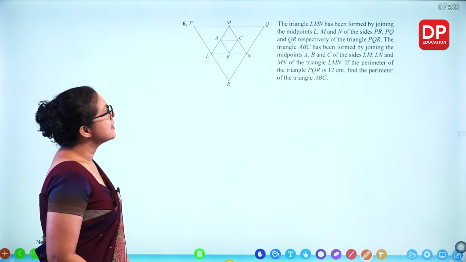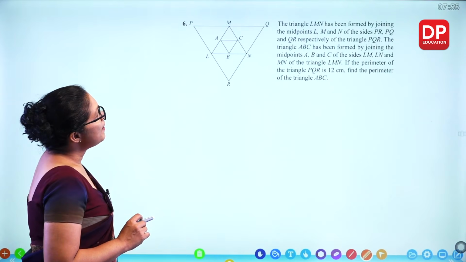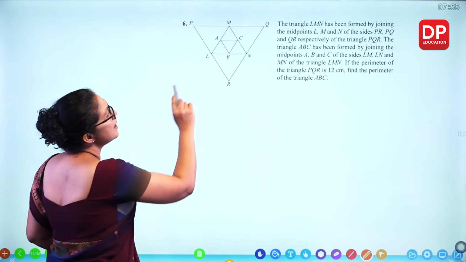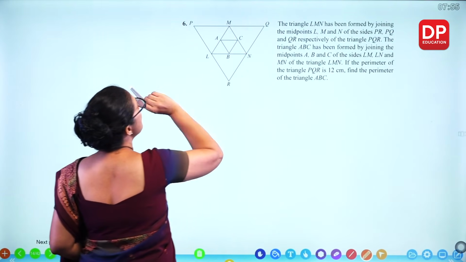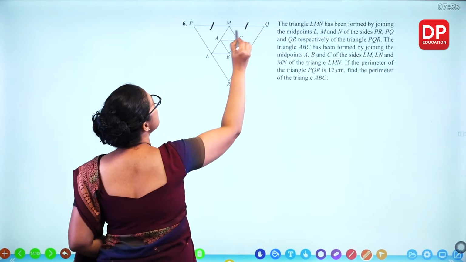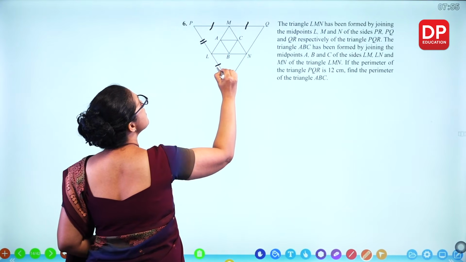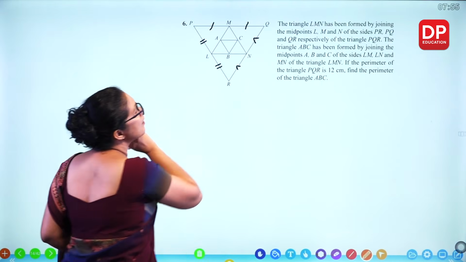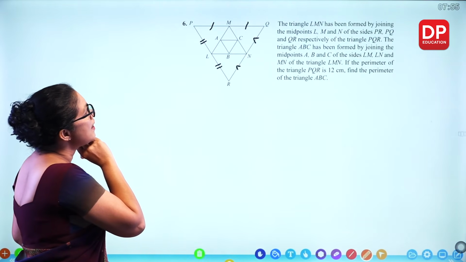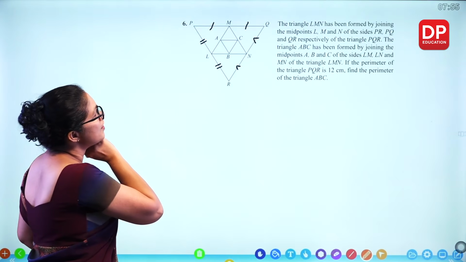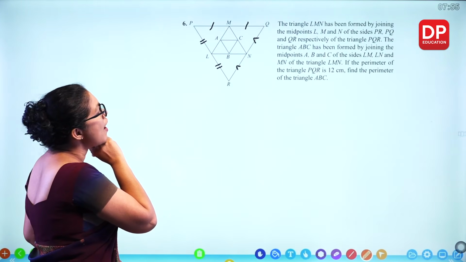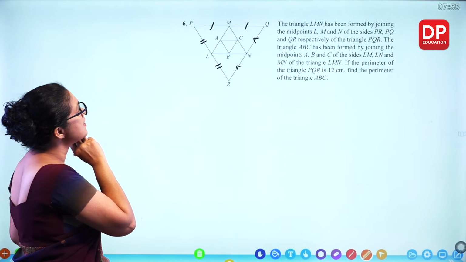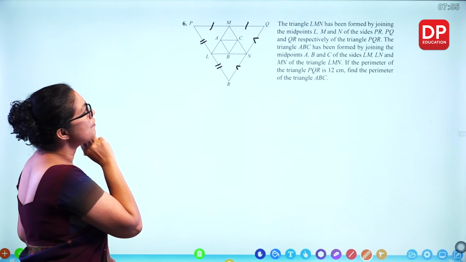Question number 6. The triangle LMN has been formed by joining the midpoints L, M, N. So that means this length is equal to this one, and this one is equal to this one. PR, all these midpoints are given. The triangle ABC has been formed by joining the midpoints A, B, C of the sides.